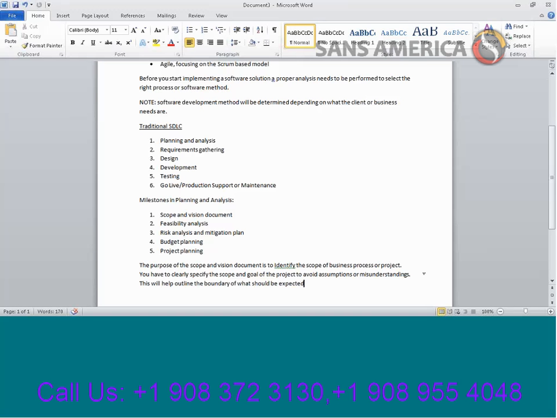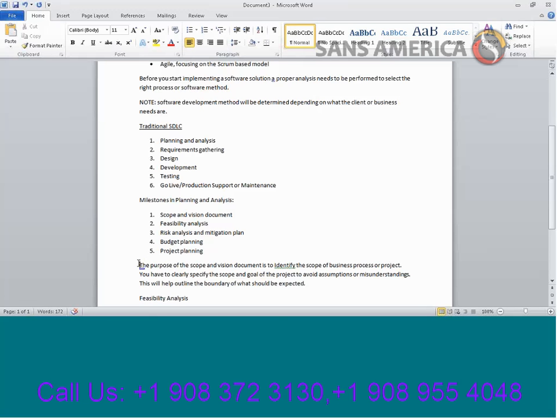Now, moving to the next one, feasibility analysis. What is feasibility analysis? Now, before we actually start talking about feasibility analysis, a couple of things. Scope and vision. Who defines the scope? Number one. Who documents the scope? Number two. I think these are very important things. We understand what scope is and what the scope definition means, and we understand the importance of it.